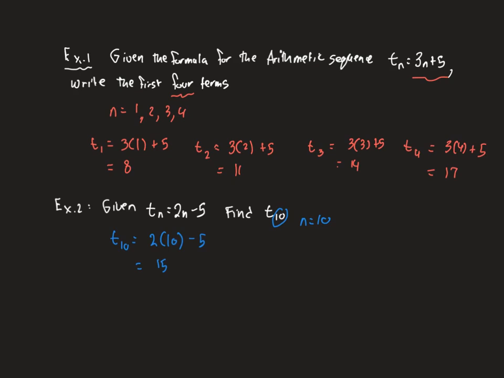Let's take a look at another example. Like how we started, let's say I give you a number sequence here: 5, 9, 13, 17. Let's try to make a formula here. So what is my common difference? Well, from 5 to 9, that's 4. From 9 to 13, that's 4.